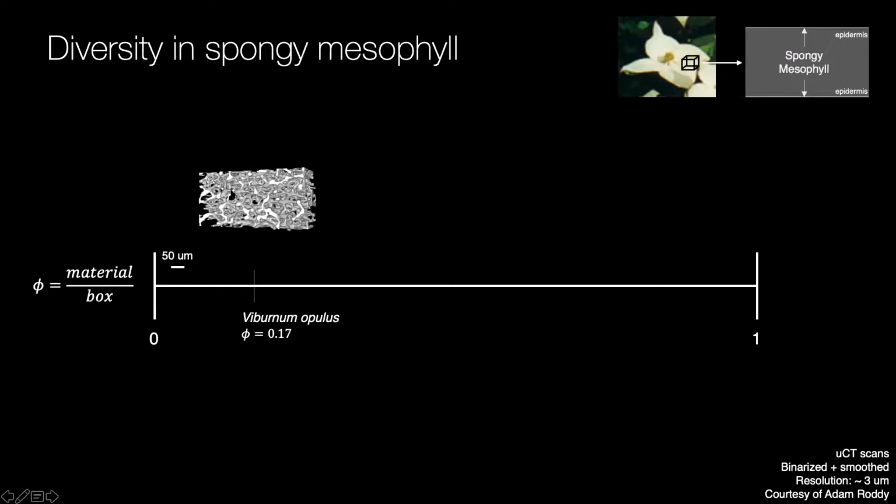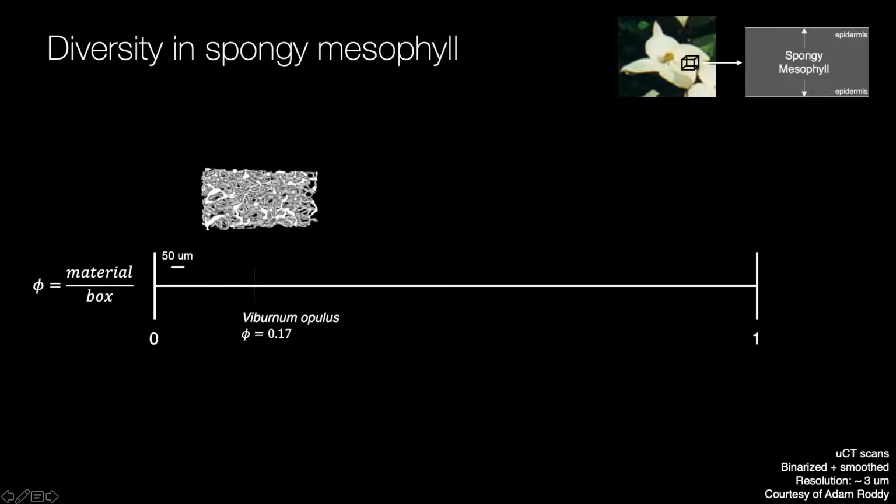What we're looking at here is something called a micro CT scan, or micro X-ray computed tomography, which is basically just a CAT scan taken on a living flower petal with a very high intensity X-ray beam. This was acquired by our collaborator, Adam Roddy, who's now at Florida International. And this technology allows us to get resolution in 3 dimensions of this tissue down to around 3 microns.